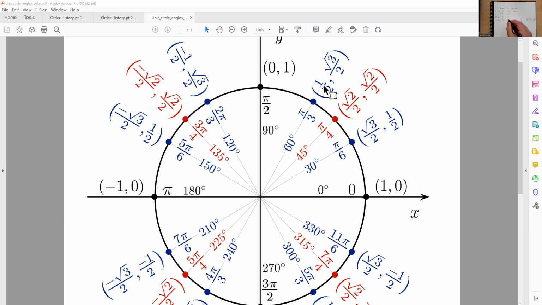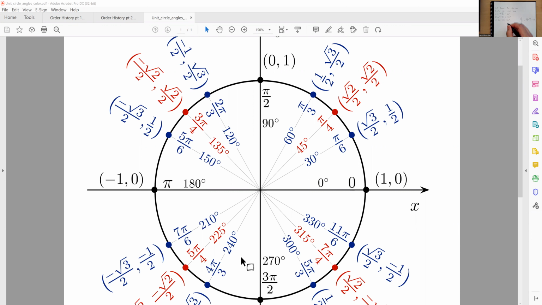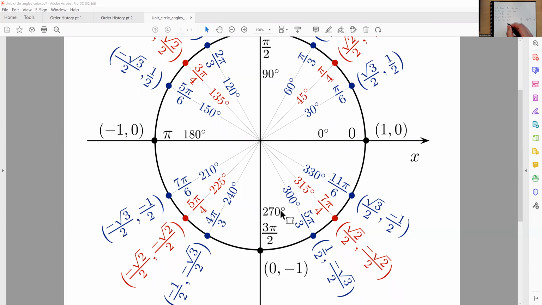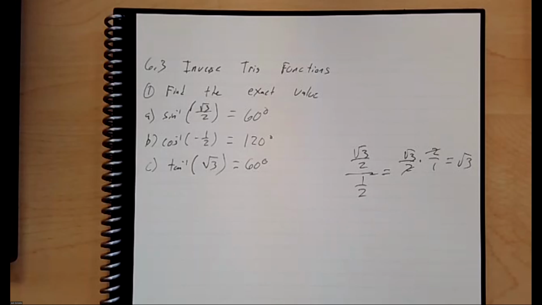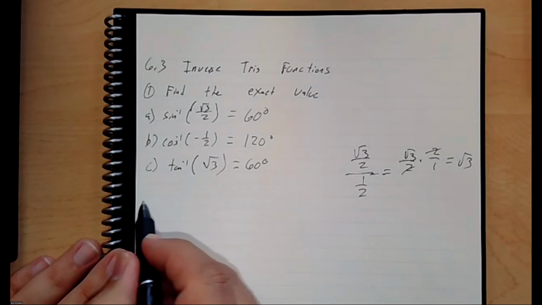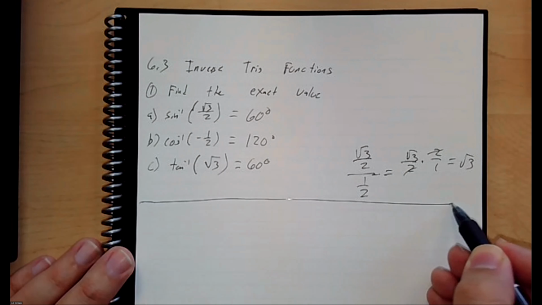So yeah, it's going to be 60. Technically, another solution would be out here, but it would be outside the range. That's a good question, though. That makes sense?